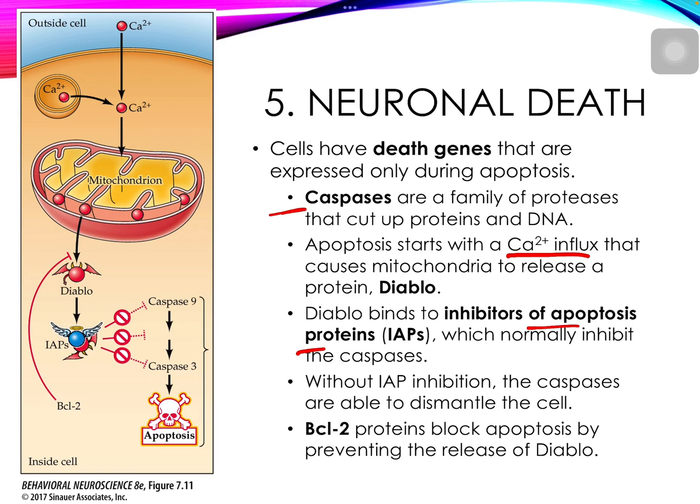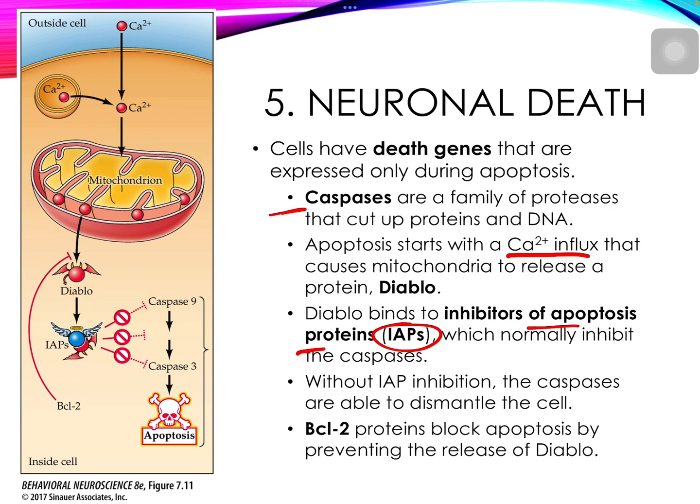IAPs' job is to inhibit caspases from cutting up proteins. So if you block IAPs, then that will cause caspases to be able to function.